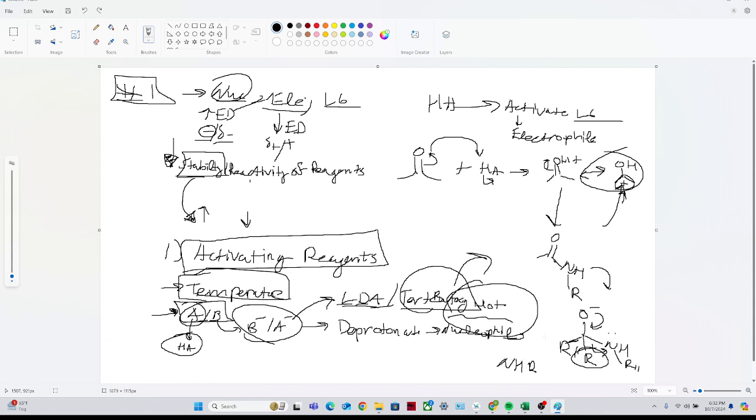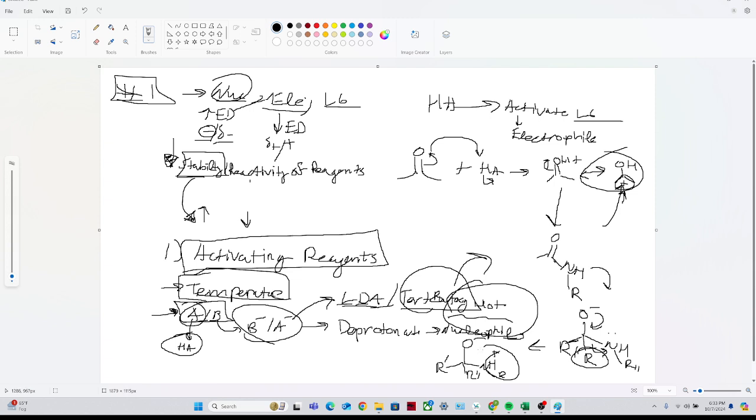So what can I do in this case to ensure that I get an appropriate activation of my leaving group so that I can perpetuate my reaction mechanism? The answer is to protonate your leaving group. In this case I'm going to draw it right here as O minus, NH plus R, the tetrahedral intermediate.